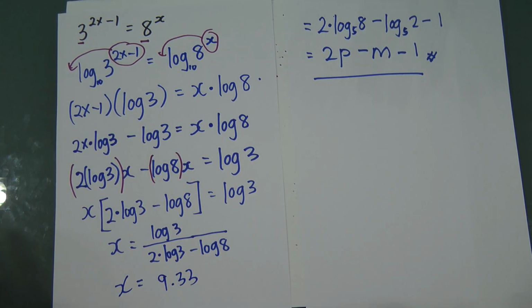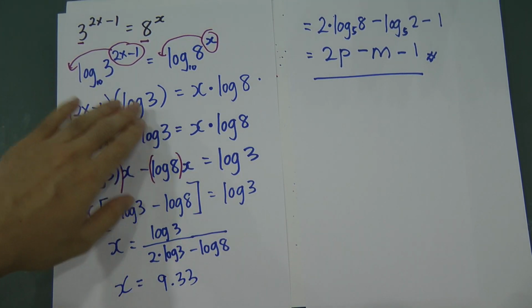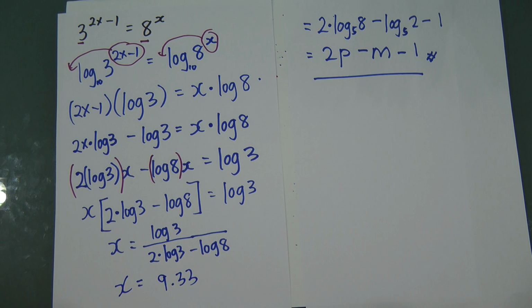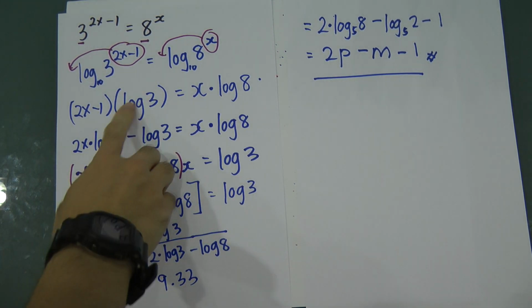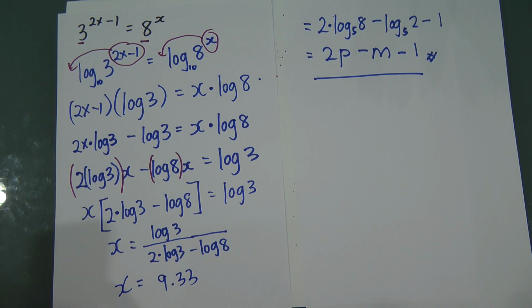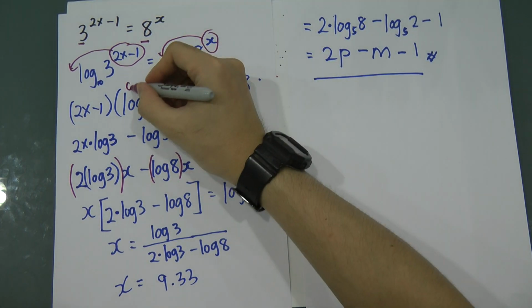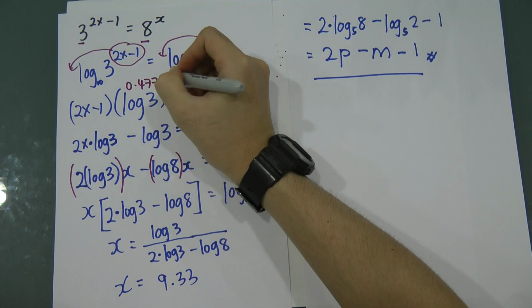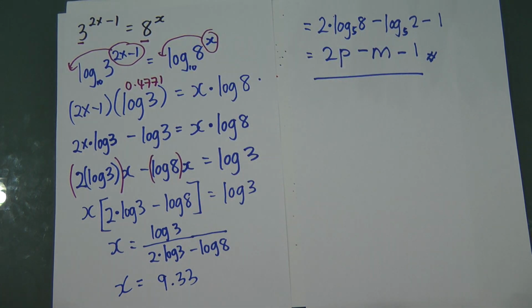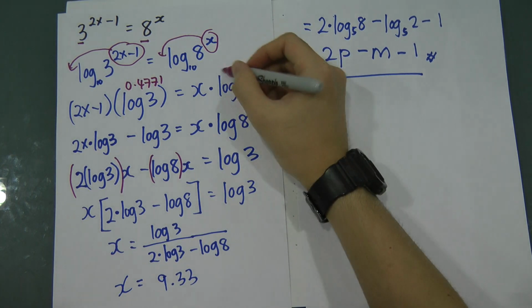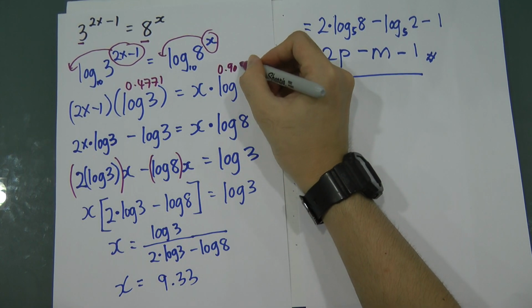Some of the students love to substitute the value into it first, which also works. For example, you know log 3, you can press log 3 over here first. Let's say log 3 equals 0.4771, and log 8 equals 0.903.